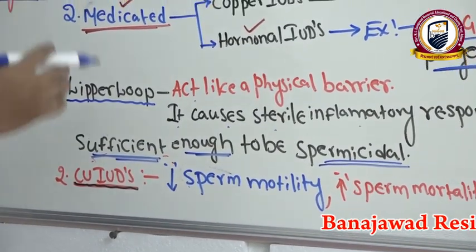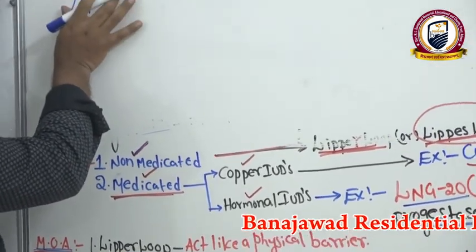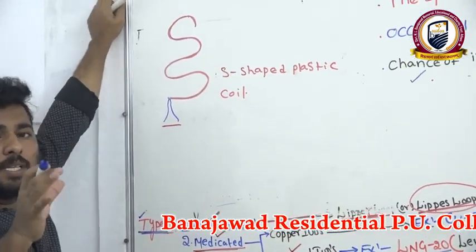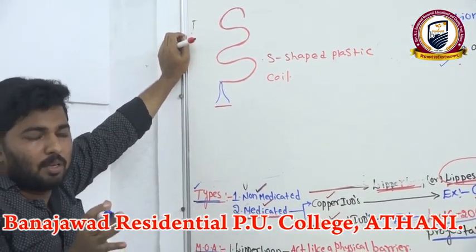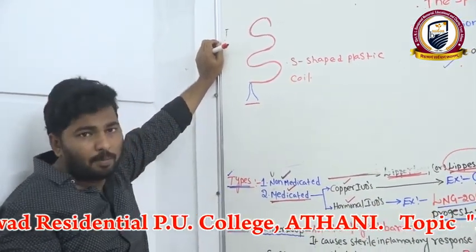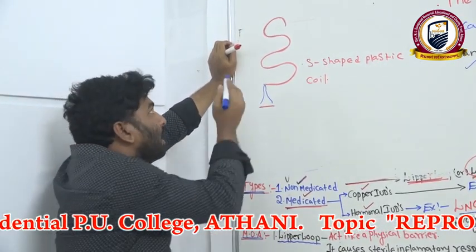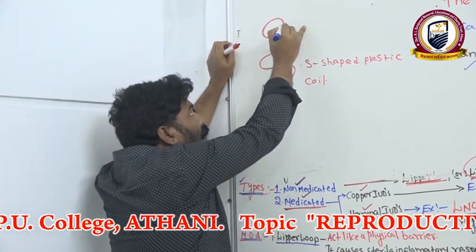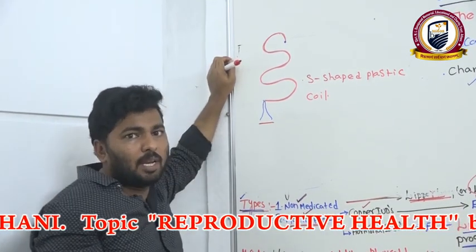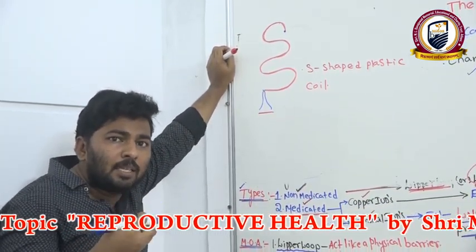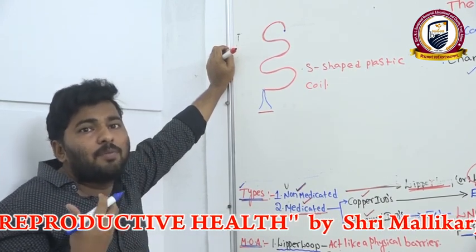It means that, for example, if you place this loop inside the uterus of the female, what happens? It causes minor damage to the uterus. Okay, so in that place there may be a chance of infection.